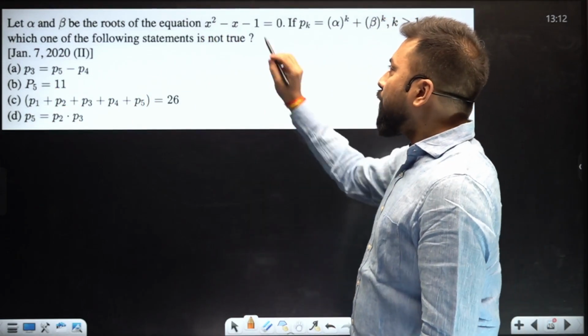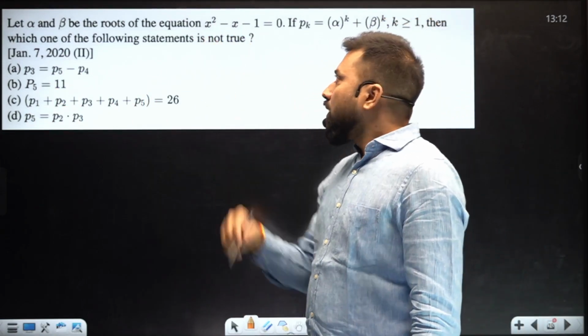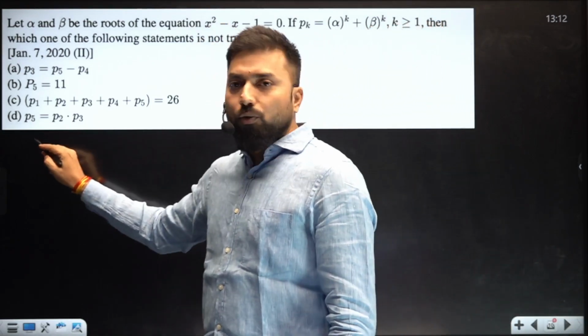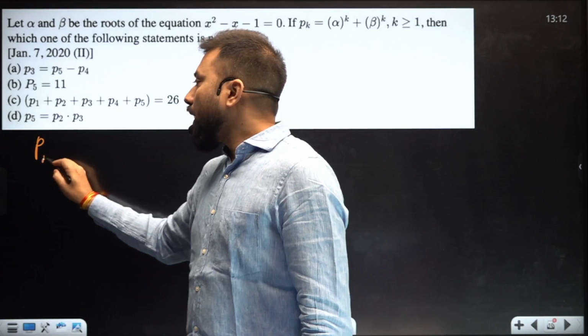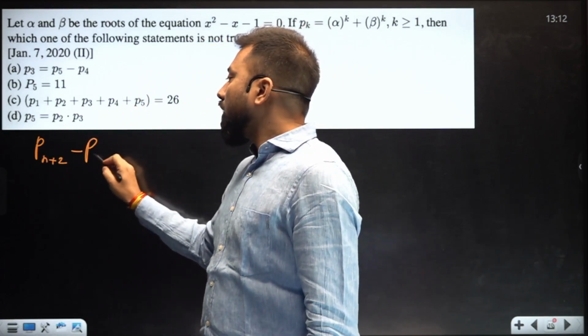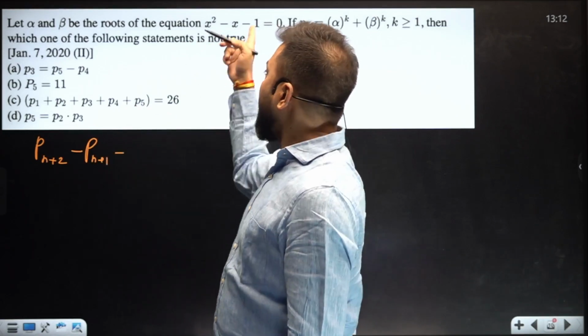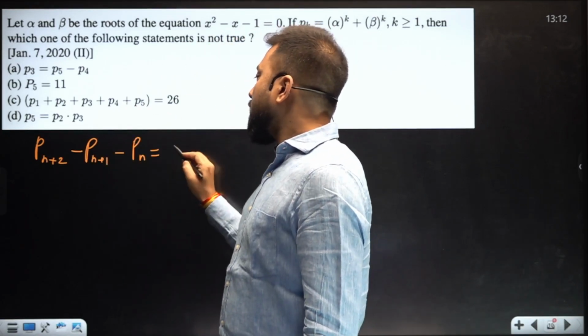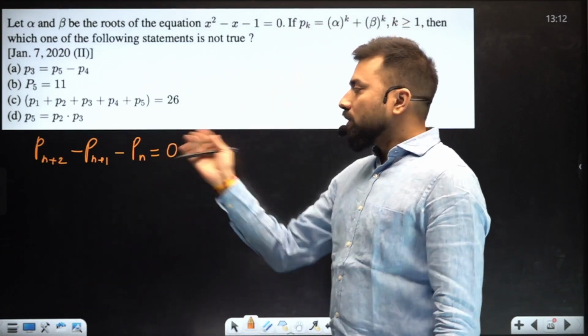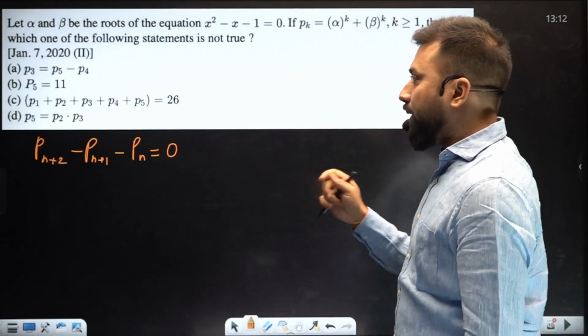Now if we apply Newton's identity here, the identity will become P of n plus 2 minus P n plus 1 minus Pn is equal to 0. This will be the result, right? Newton's identity statement, this.